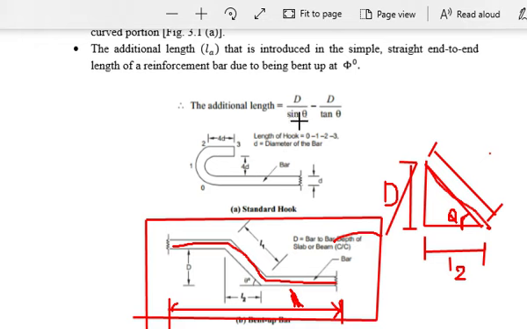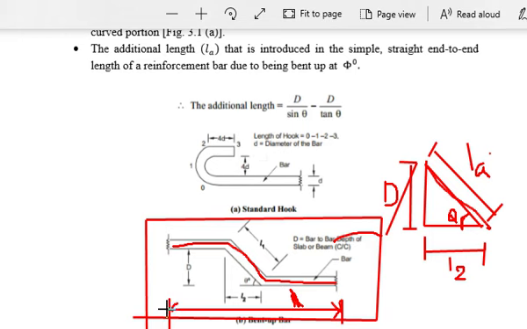So this length, say LA, is the actual length. So what is LA? LA equals D by sine theta.